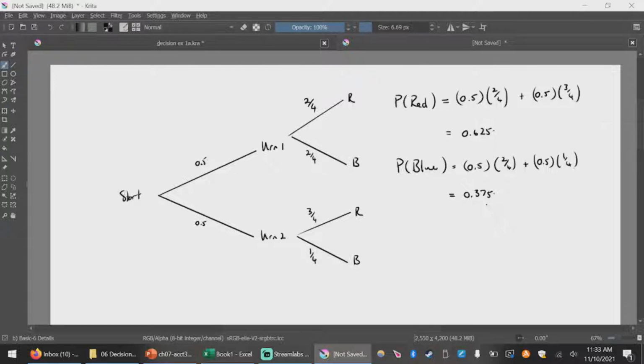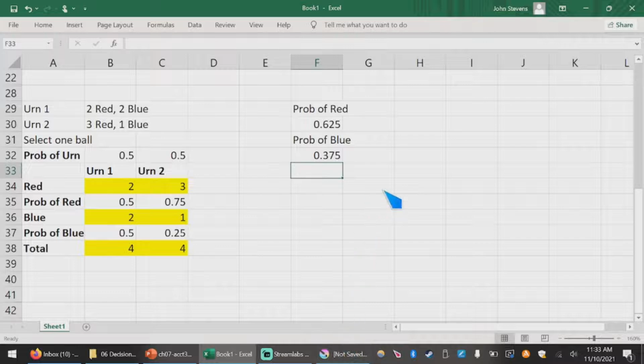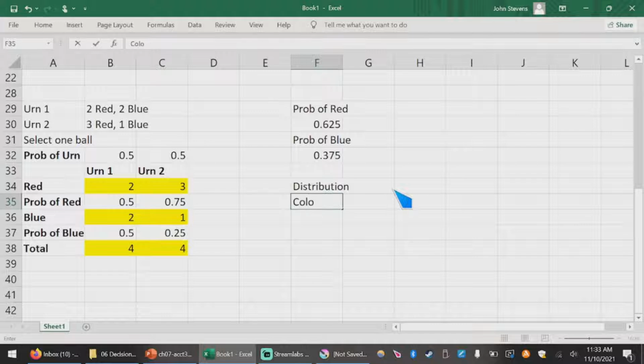One thing I want to note in this simple situation is that I can construct a probability distribution for the color and then the probability of that color, so to speak. Let's put a heading, in bold. My colors are red and blue.